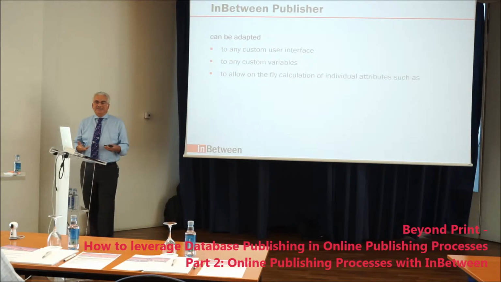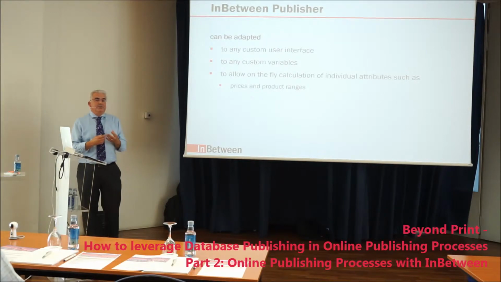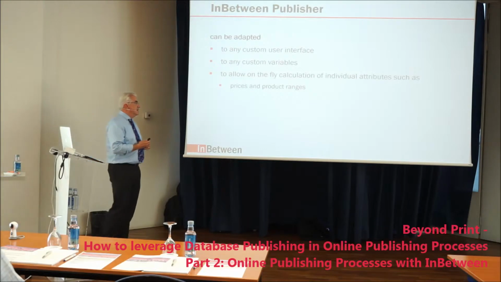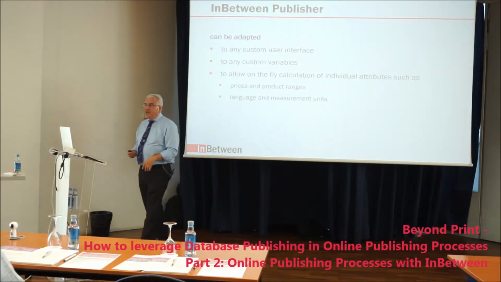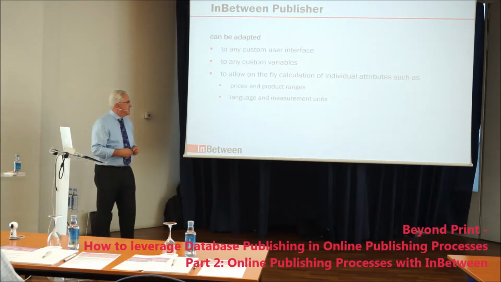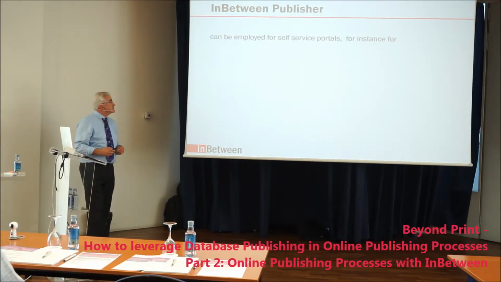This basically means we can take the attributes, manipulate those attributes, and give you a publication on demand that adheres to certain price and product ranges, and is based in certain languages or measurement units, and so on.